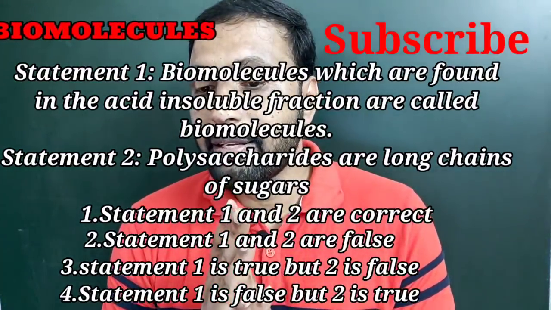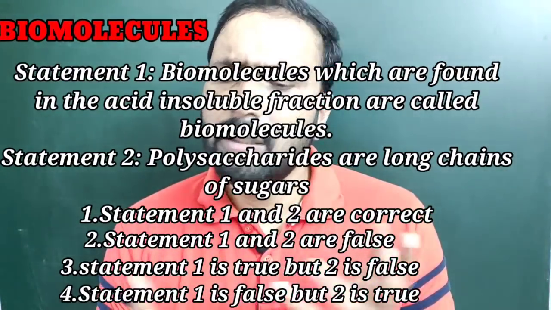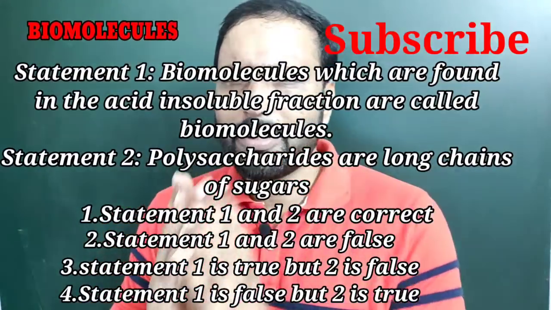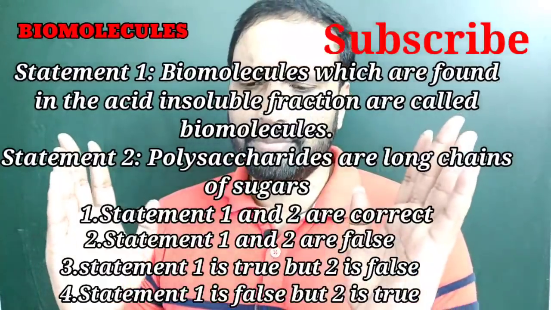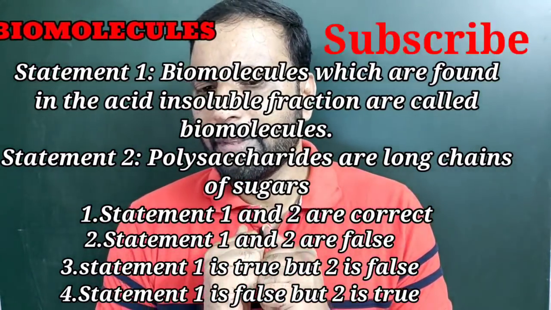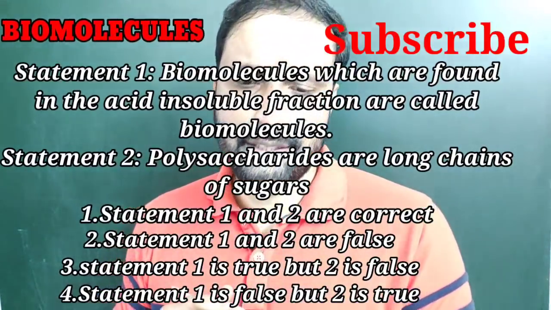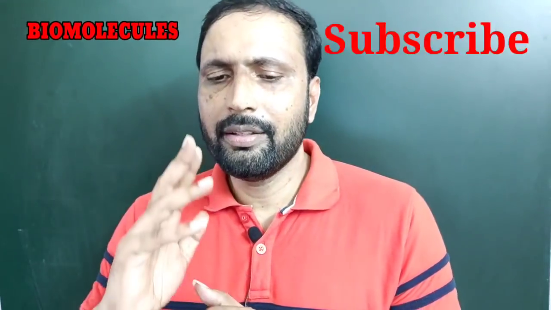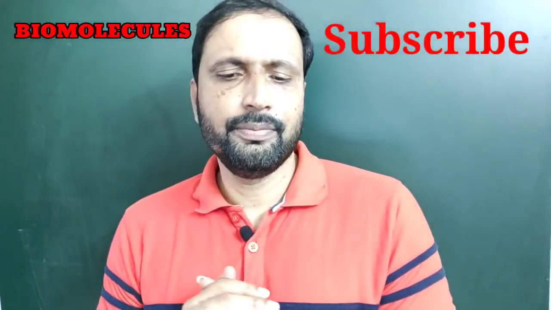Statement 2, polysaccharides are long chains of sugars. Yes. Statement 1 is true and statement 2 is also true. Two statements are true, so definitely the first option is correct.